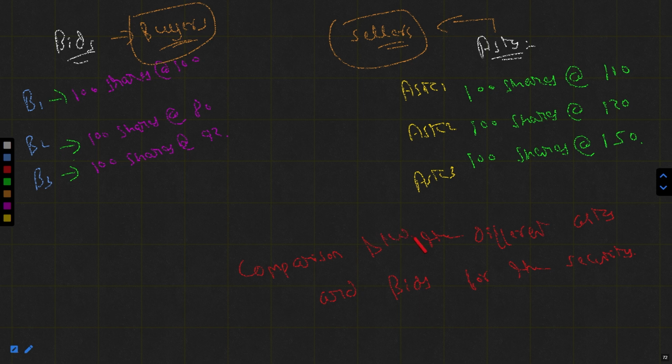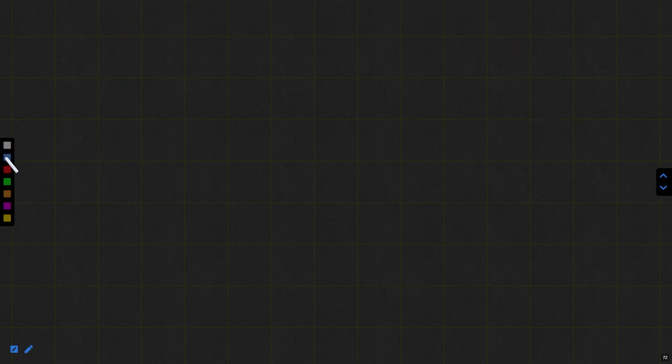So if we look at this particular picture, there are 3 bids and 3 asks. Different bids and different asks, and now we have to compare. The comparison has a rule, which you can call the rule of comparison. And what is the rule of comparison?